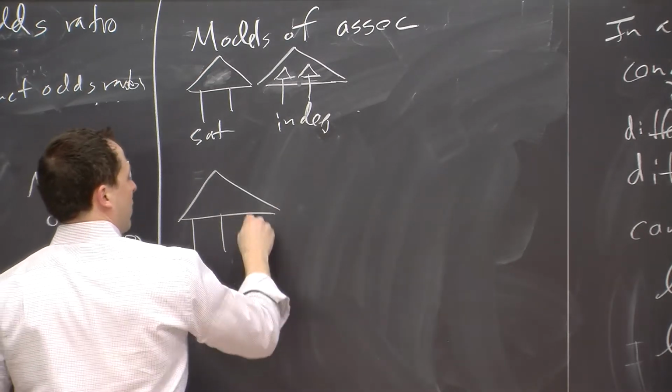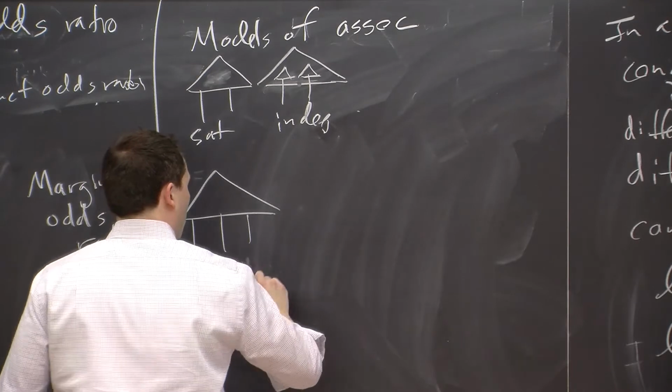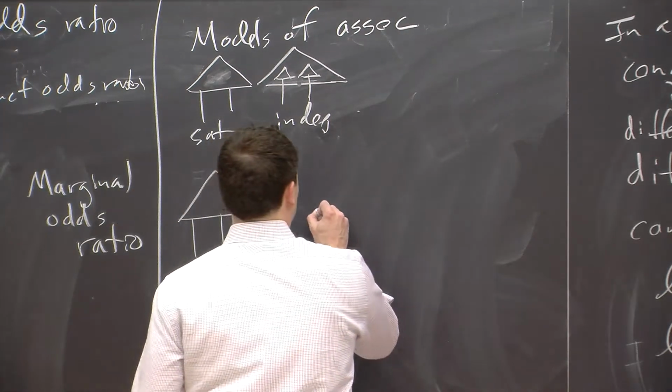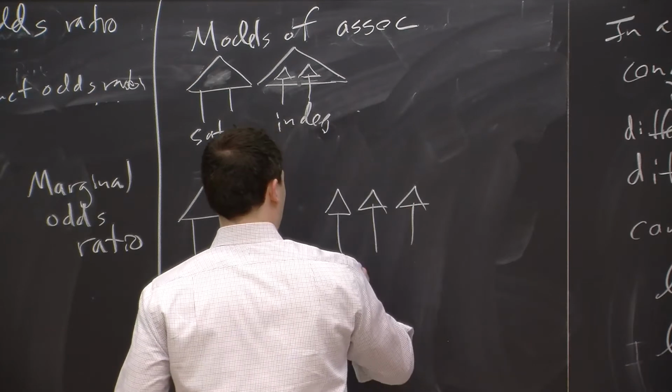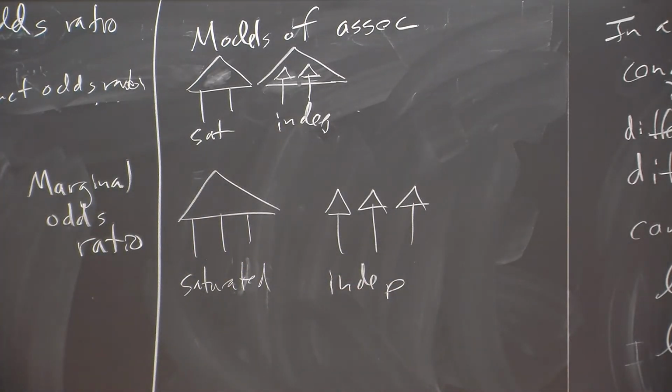So I can have the saturated model, where I'm allowed to have any probability distribution. I have the full degrees of freedom. I can have independence, full independence, where each of the random variables is independent of each other.